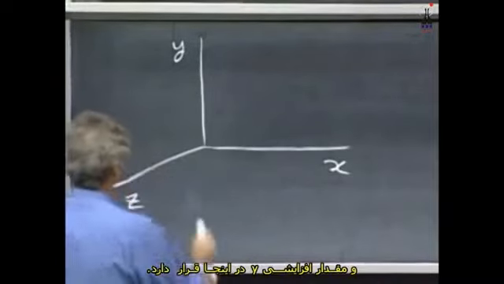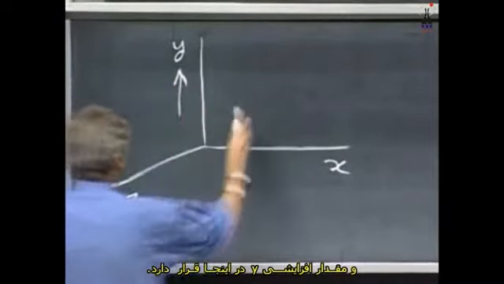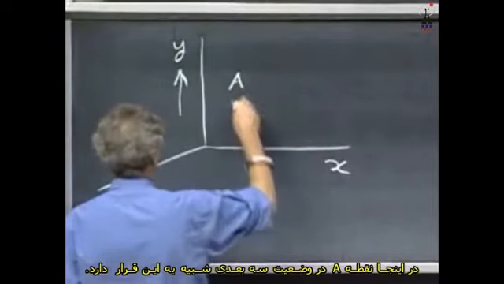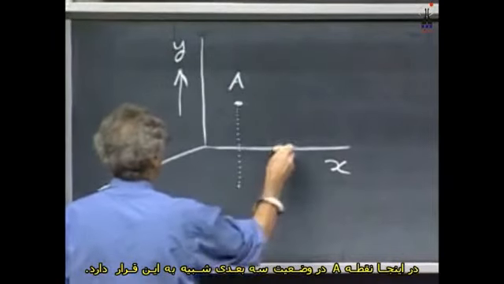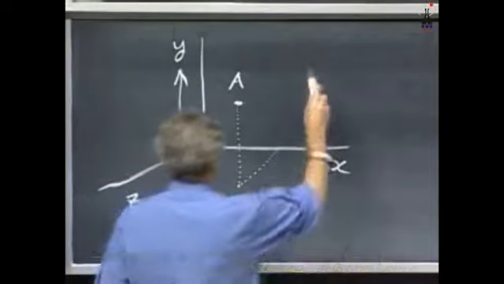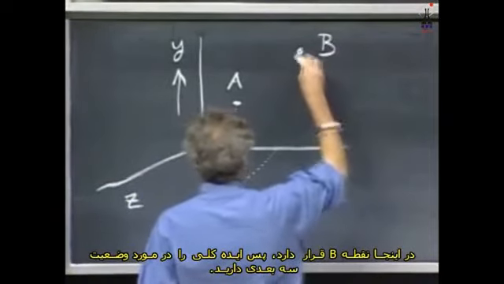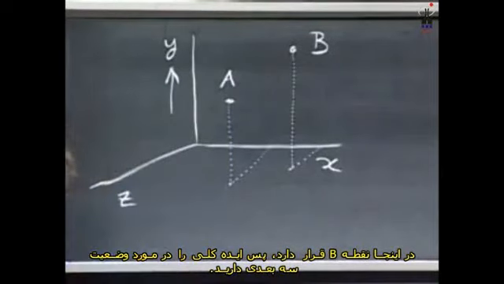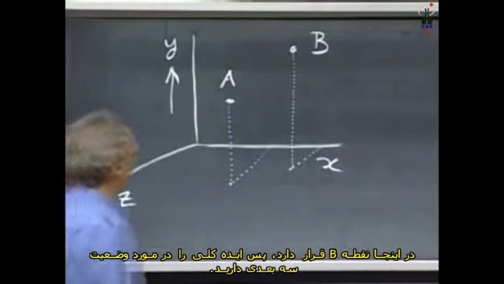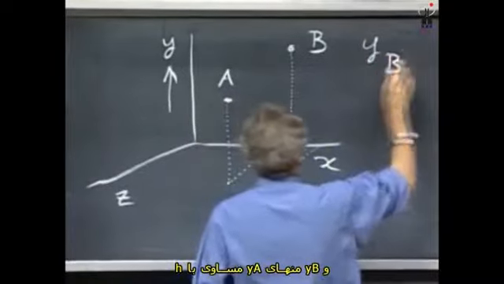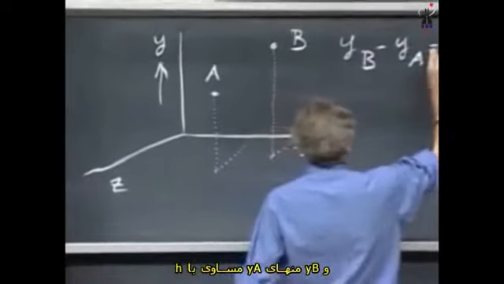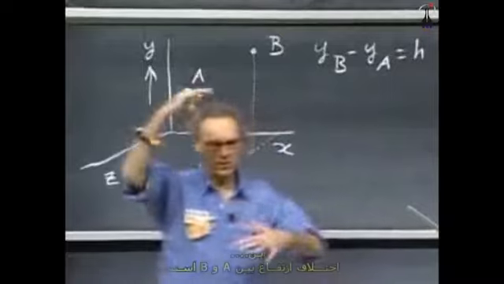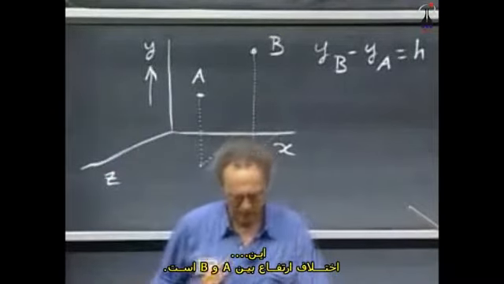And here is the increasing value of y, and there's point A in 3 dimensions, like this, and there is point B. So you get a rough idea about the 3 dimensions. And y of B minus y of A equals h. That's a given. So there's a height difference between A and B.